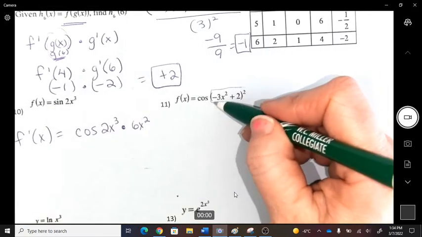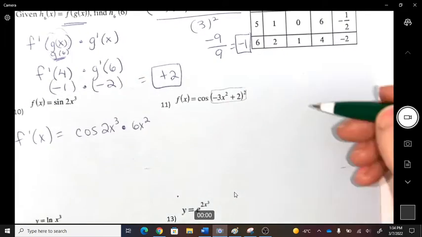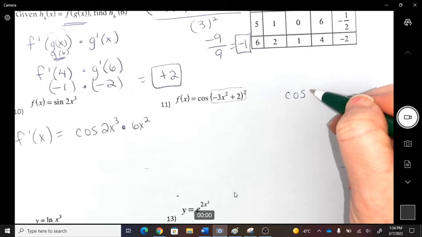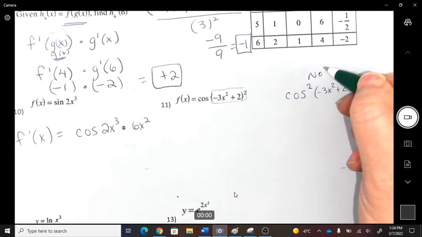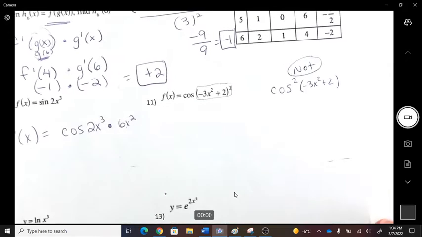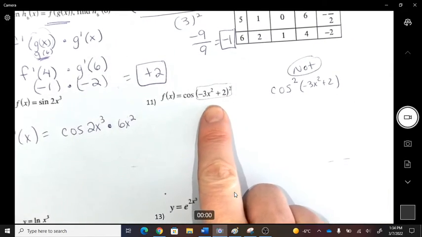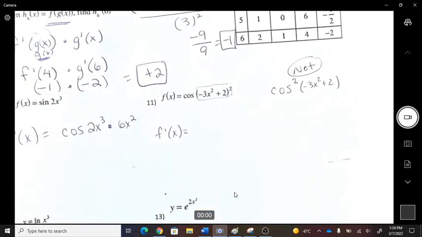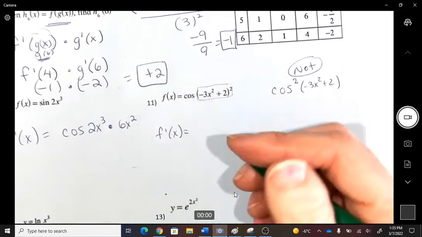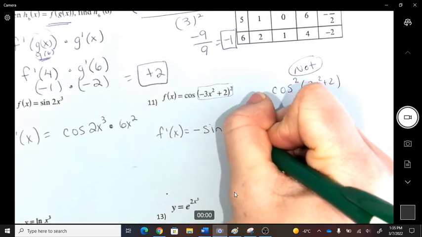So the squared is on this unit. This is different, right? It's not that. It's not that, okay? The squared is just on that. Okay, so when we do the derivative, what's the derivative of a cos function? Negative sign.